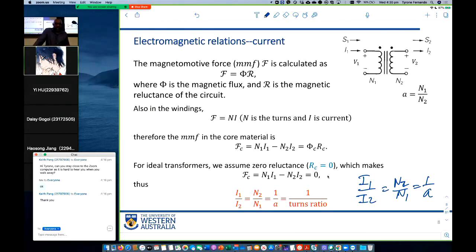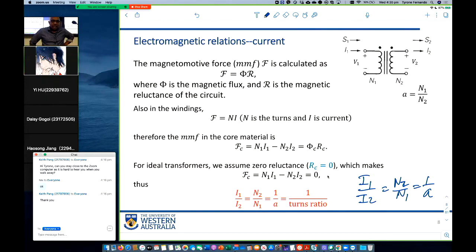And the MMF must equal the flux in the core, phi C, times the reluctance, RC. Now, in an ideal transformer, the reluctance is 0, infinite permeability, reluctance is 0. That's an assumption we make, remember, I said in the previous slide.